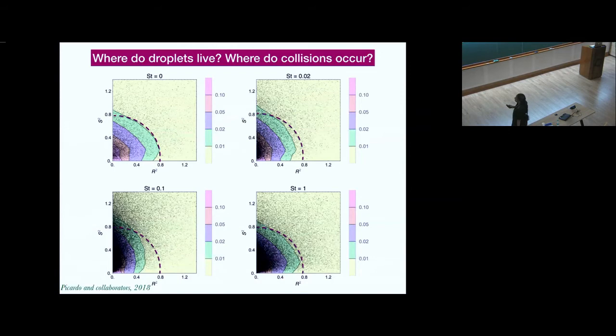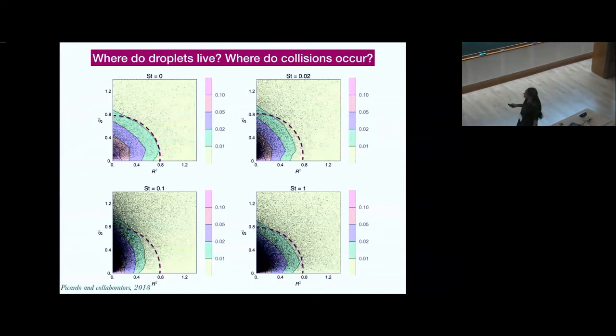The color shows you where the droplets live. And you can see that 99% of all droplets live inside this green line between an R and an S, a rotation and strain of 0.8 respectively. So 99% of all particles live in regions where the rotation and strain are within this limit.